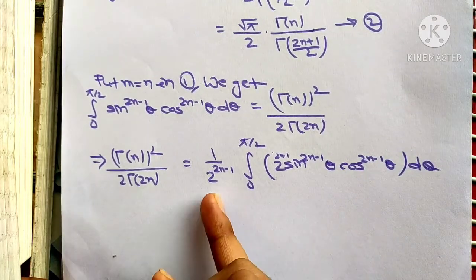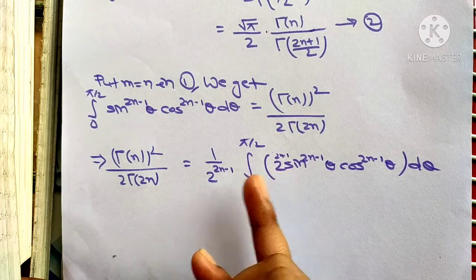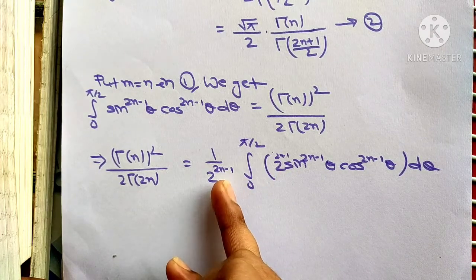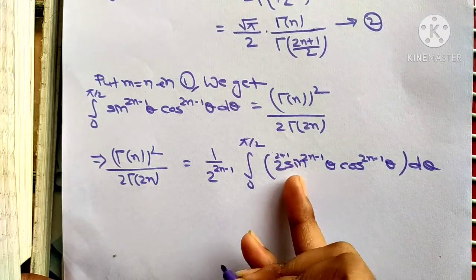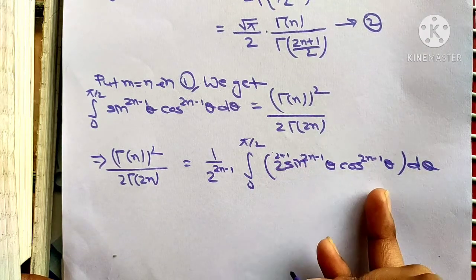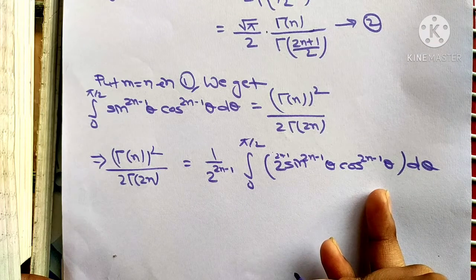I simply multiply the denominator and numerator with 2^(2n-1) and 2^(2n-1). This will become the formula of 2 sin theta cos theta, so we can write it as sin 2 theta.